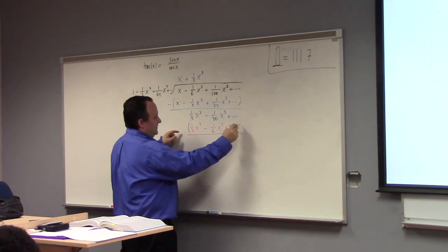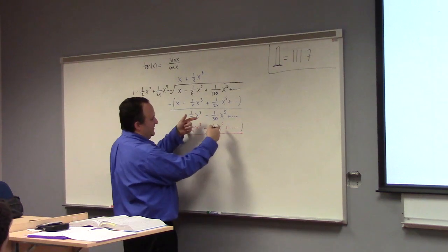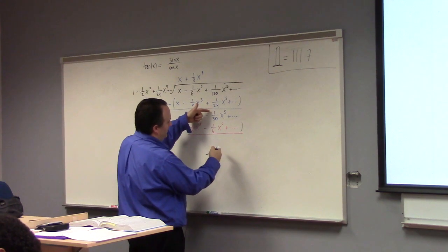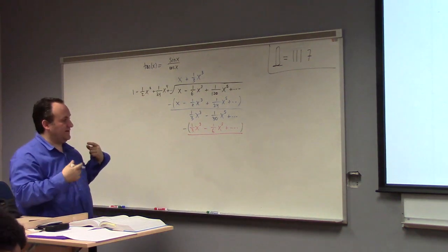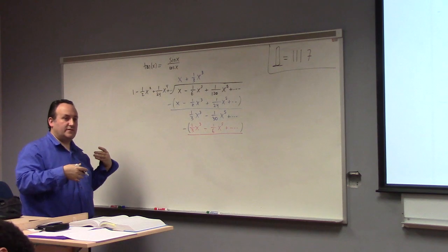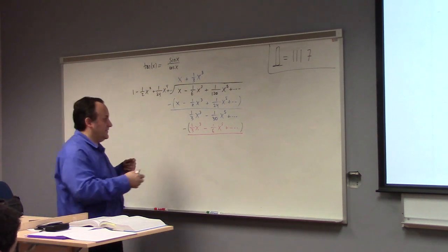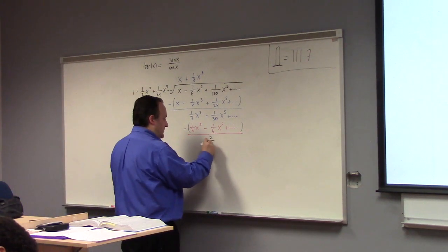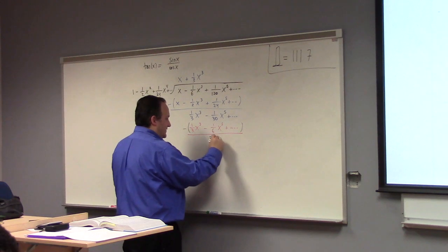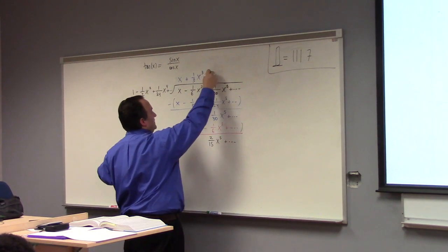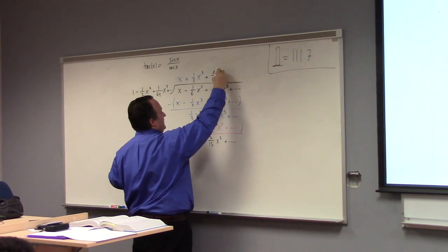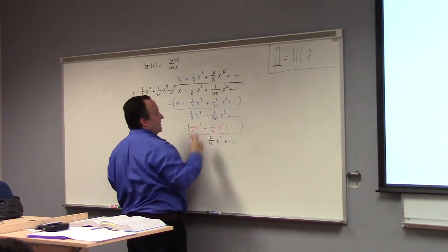As we take the subtraction, we basically are up against 1/30th, minus 1/30th plus 5/30ths, which is 4/30ths, which is 2/15ths. So we get 2/15ths x to the 5th plus dot dot dot. So the next term up here is, of course, 2/15ths x to the 5th, right?